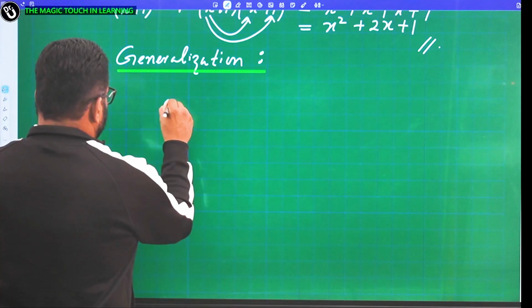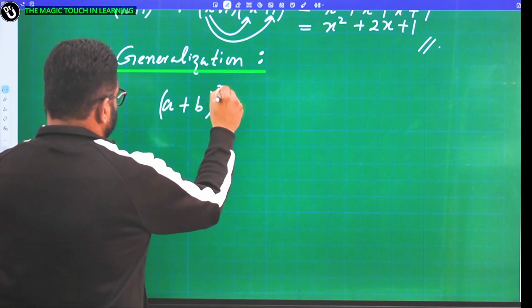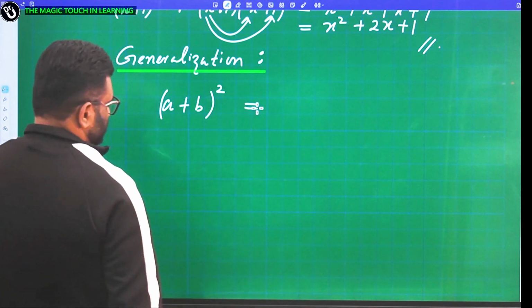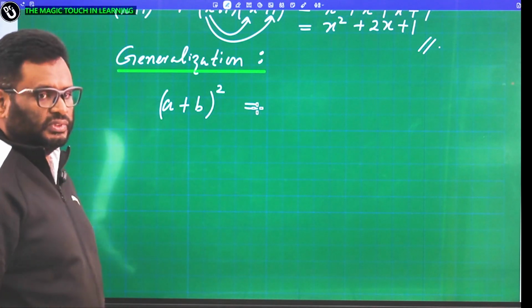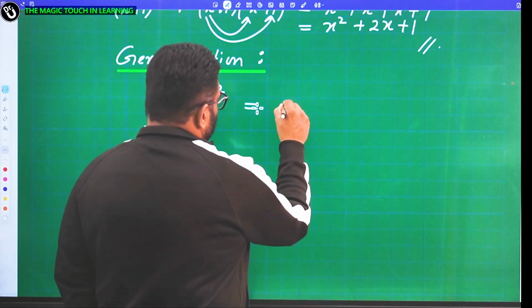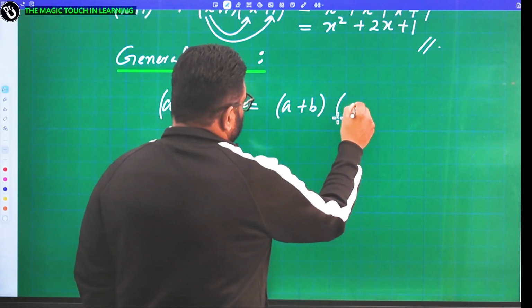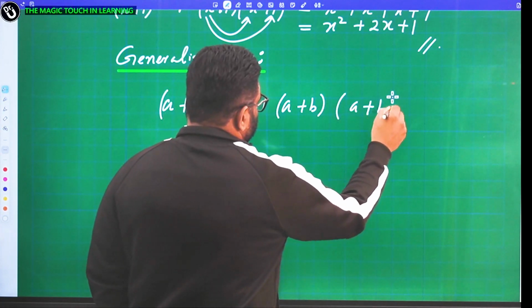If you have a plus b, squared, how do you do this one? Go with your basics: a plus b times a plus b. That is a multiplication.